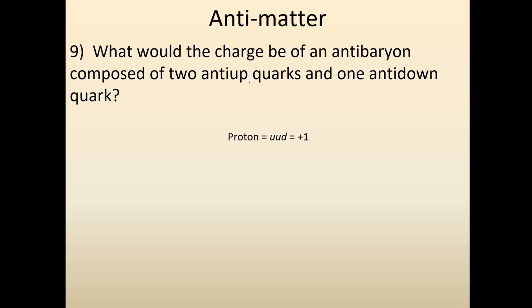Up, up, down is actually a proton, which is plus one. So anti-up, anti-up, anti-down would be negative one. You could have also remembered that since up is plus 2/3, anti-up would be minus 2/3. So this becomes minus 2/3, minus 2/3, plus a third because of the anti-down. And that's where we get the negative 1 from.